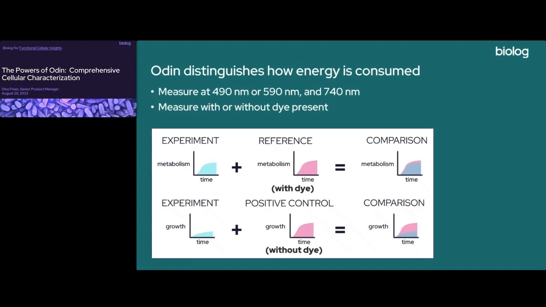Sometimes a specific inhibitor or stress means that growth is impacted, but metabolism and NADPH production stays the same. Microbes sometimes have preferred food sources for cell wall biosynthesis, for example, and so they might not grow even though they're able to respire and stay alive. So these are the two different measurements that we can make at the same time in Odin.